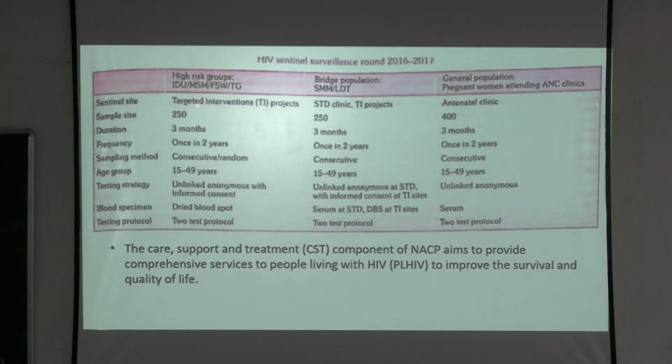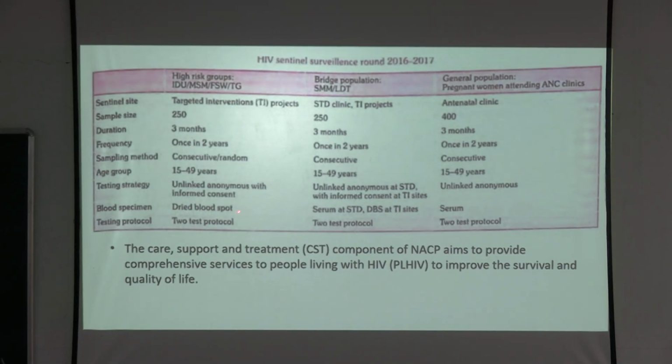What is the sample size? For high risk group, we have taken 250. For bridge population, we have taken 250, and for general population, we have taken 400. What is the duration? 3 months for all of them. And what is the frequency? Once in 2 years for all of them. What is the specimen?